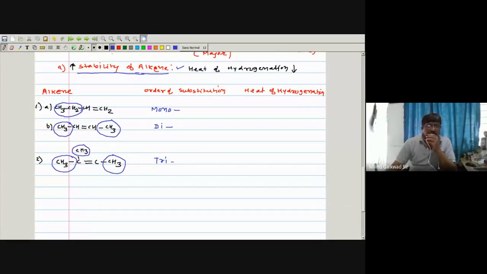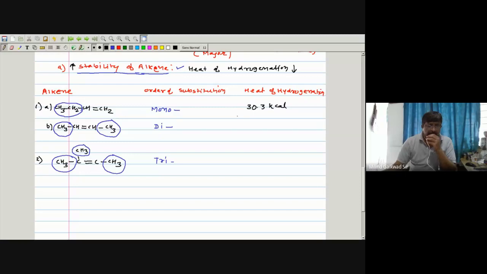Now we have to find out the heat of hydrogenation. In mono, experimentally it is found that the heat of hydrogenation of 1 butene is 30.3 kilocalorie per mole. And for di, again we can take cis and trans.